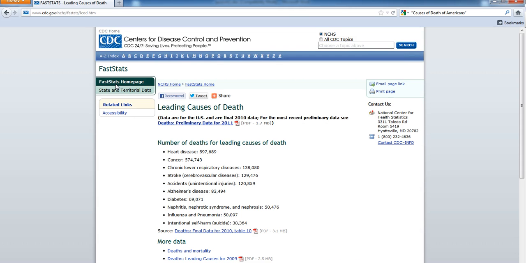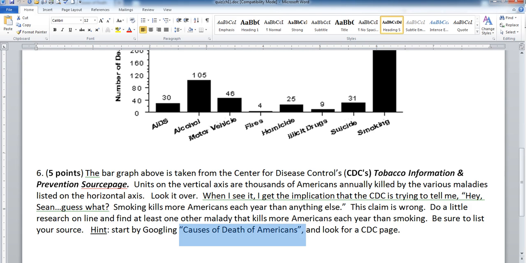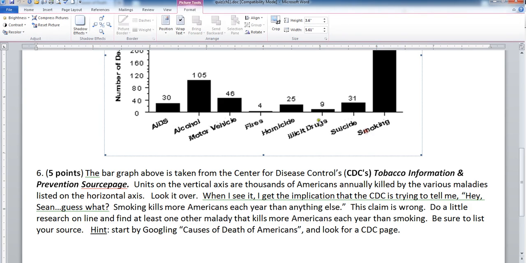Leading causes of death. You might notice that heart disease is right there at the top, about 600,000 people. Now, if you remember back to our quiz, heart disease is not on there. Granted, heart disease could be included in smoking and alcohol. It could be included in any of these things. Somebody could have a heart attack from a fire, but I don't think they're getting at heart attacks.